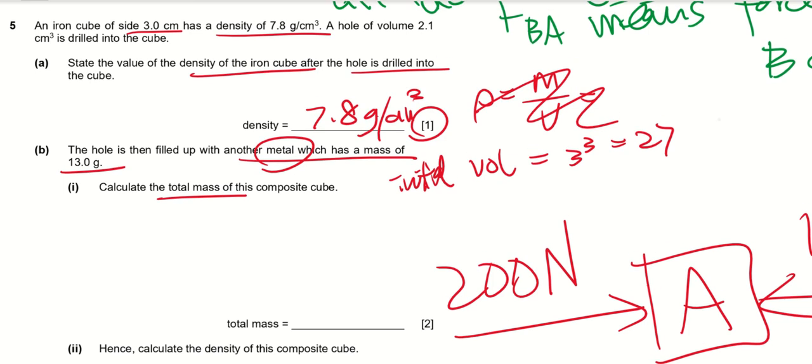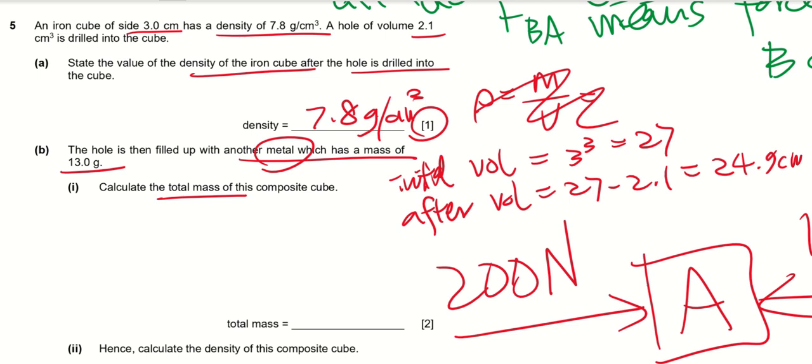Okay, so now a hole of 2.1 cm cube is drilled. That means after the hole was drilled, the volume will be 27 minus 2.1, so it is 24.9 cm cube. Okay, and then I can find the mass. So I'm doing density equals mass over volume. Density is 7.8, volume is 24.9.